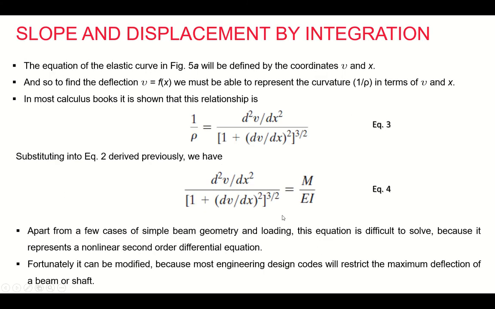If you look at this equation, this is the slope d mu over dx, and it is very small. When you take its square, the value becomes even smaller compared to unity. So the value will be like 1.001, and its power 3 by 2 will be almost equal to 1, so it doesn't have any effect on the whole equation.